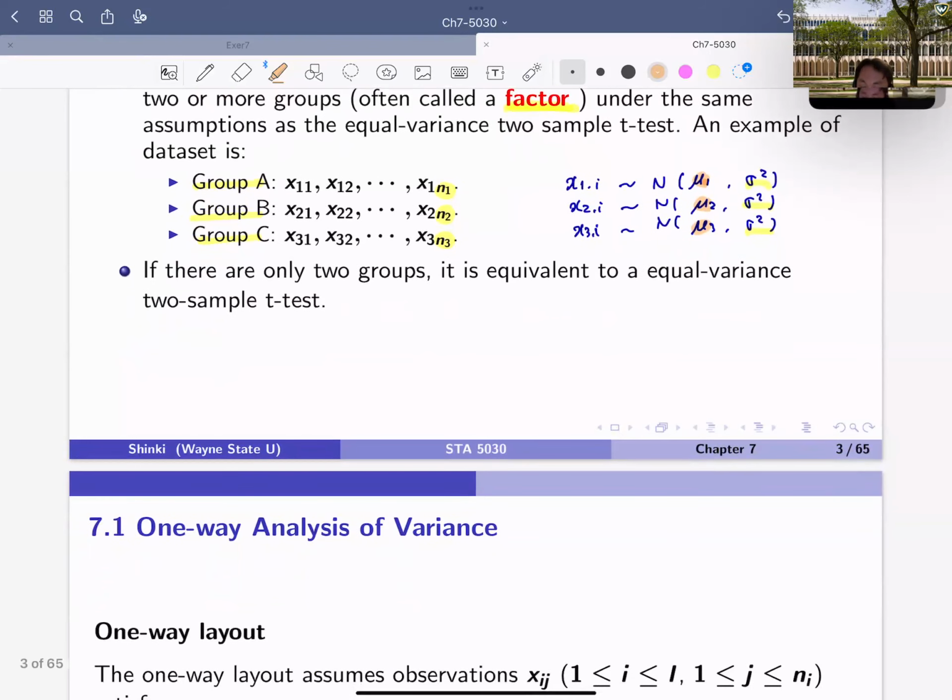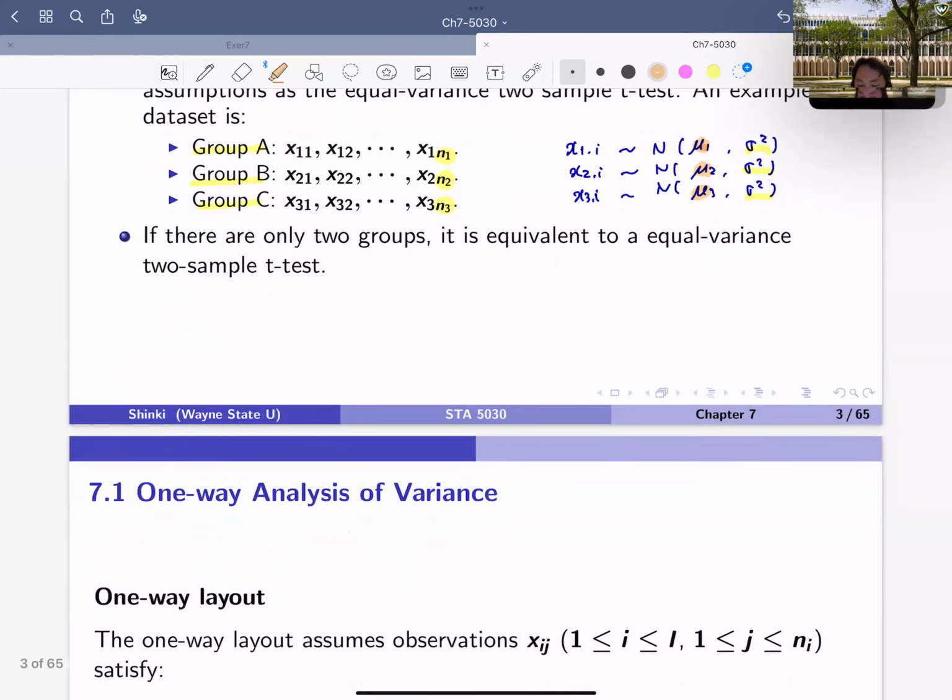Sometimes it's reasonable to assume sigma squares are the same. For example, we consider 3 different factories making products of different weight, but the machines used to make the products have the same precision. So the variability in size of the product is the same, even if the size of the product is different.